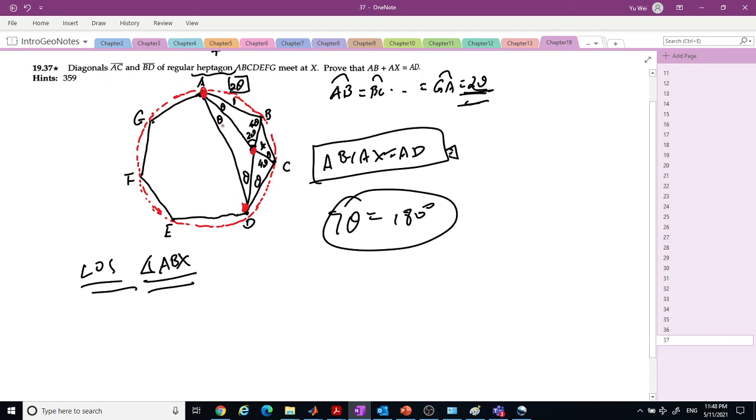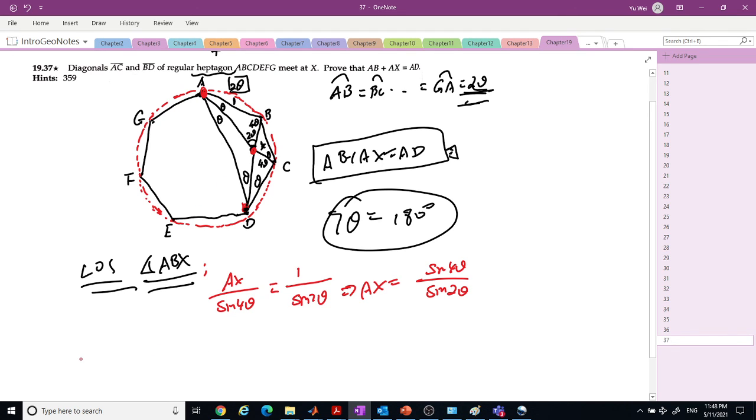So it's theta plus theta is 2 theta, right? So let's apply law of sine on ABX. So we want to see the AX over sine 4 theta is equal to 1 over the sine of 2 theta. So we have AX equal to the sine of 4 theta over sine of 2 theta. Okay, now we solve the AX.